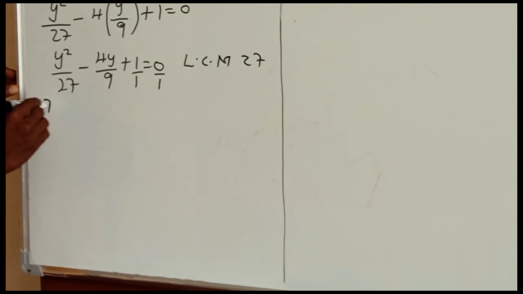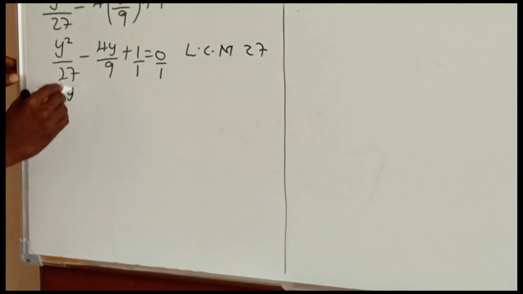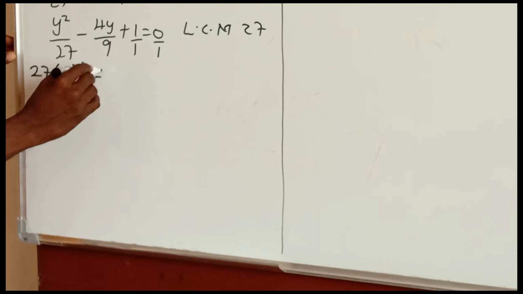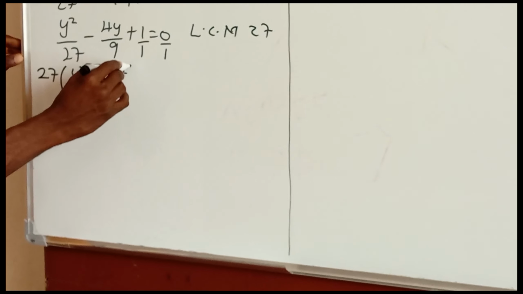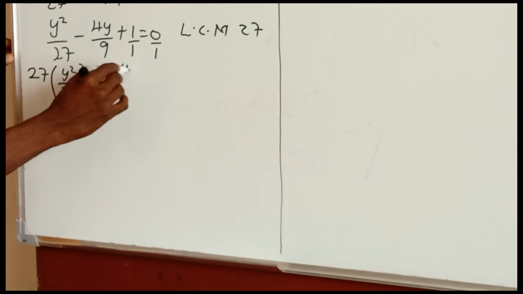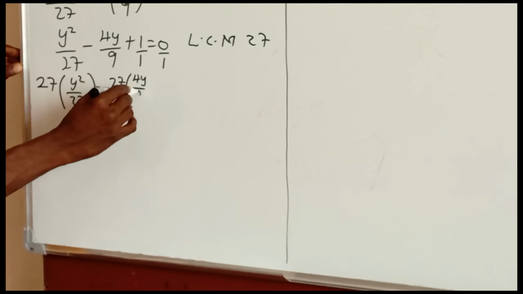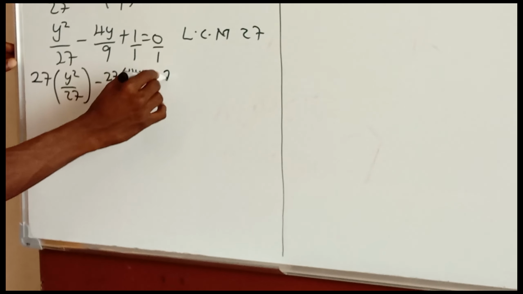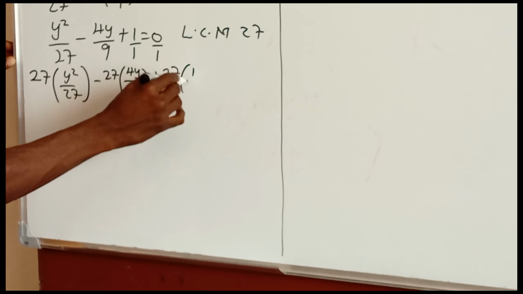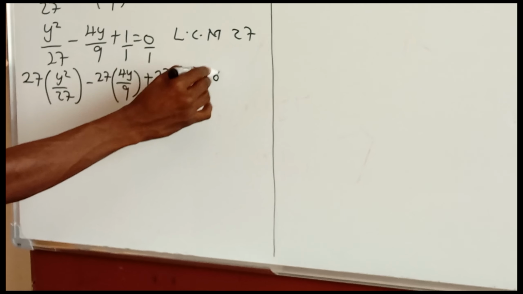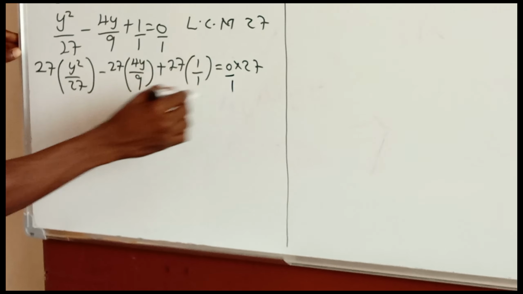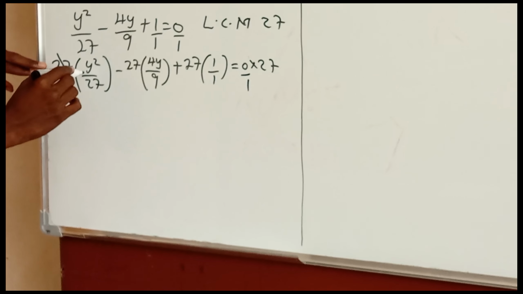So you say 27 into y square divided by 27, brackets close, minus 27 into 4y divided by 9, brackets close, plus 27 into 1 divided by 1 equals to 0 times 27 divided by 1. So this and this one will cancel.